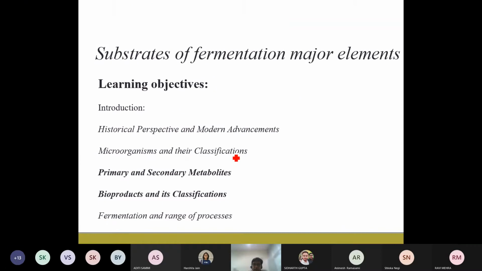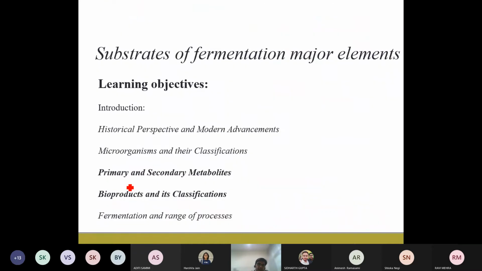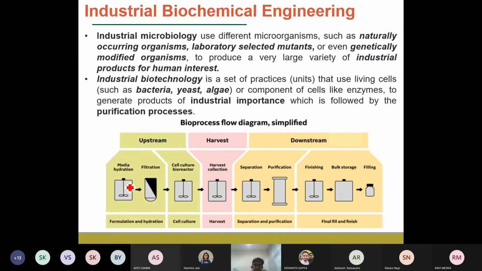But before that, there are many very basic and fundamental things we would like to understand, like what is fermentation, how the microbes are grown, for example. So the next topic we'll start is what are the primary and the secondary metabolites, and what are the different bioproducts and their classifications.